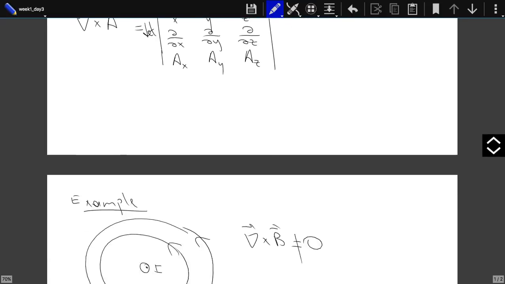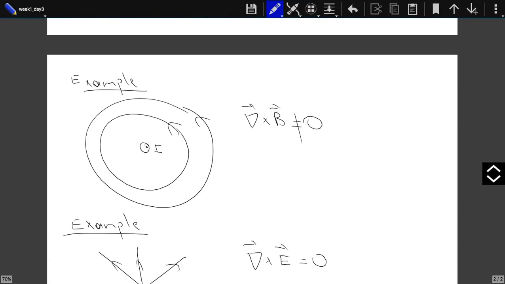The reason I say it only vaguely measures how much your field curves is that we will be calculating that the curl of B is equal to 0 if r is not on the wire.